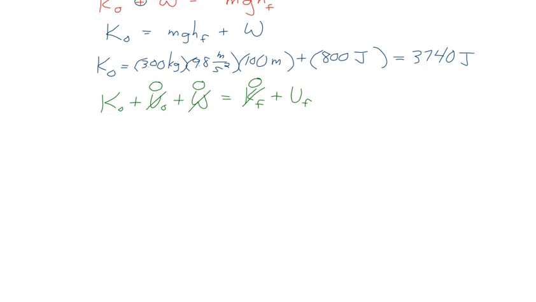So our equation is going to be KO equals mg times the final height. And solving for the final height, that's going to be KO divided by mg. Yes?